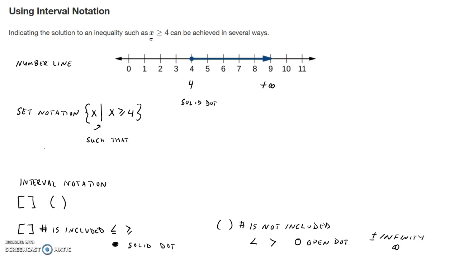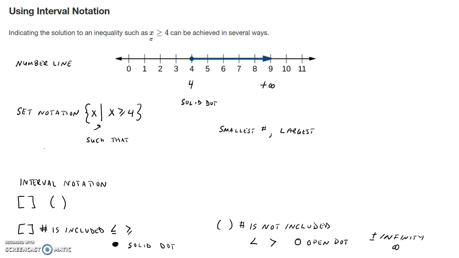So when we're writing interval notation, we're going to write this with two numbers. We want our smallest number to be on the left-hand side, and our largest number to be on the right-hand side. And then we can use our brackets and parentheses accordingly.